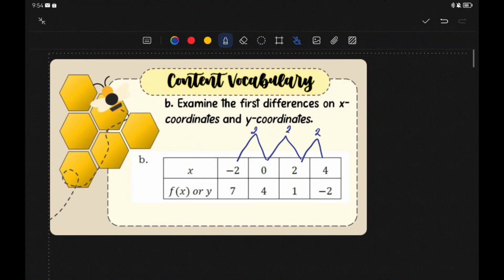While on y, we have here negative 2 minus 1, that's negative 3. 1 minus 4, that's negative 3. 4 minus 7, that's also negative 3. As you can see, the first differences on x coordinates and y coordinates are all equal. Then, this table describes a linear function.